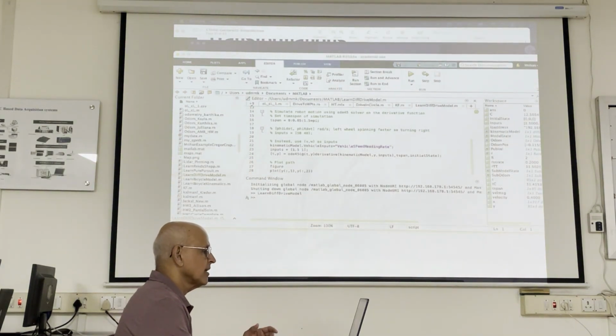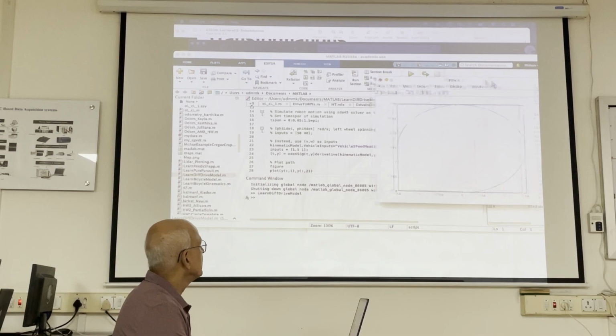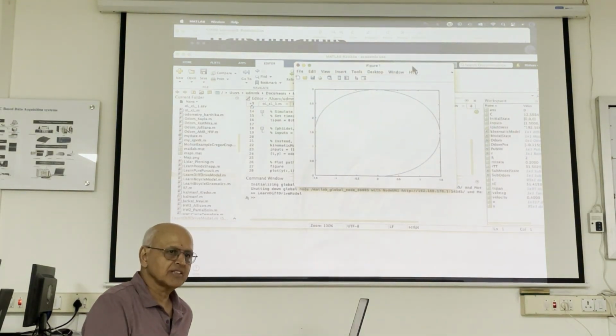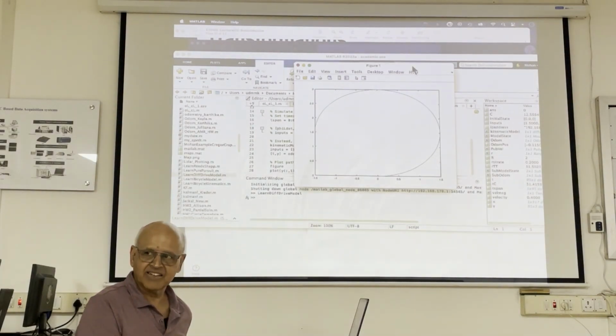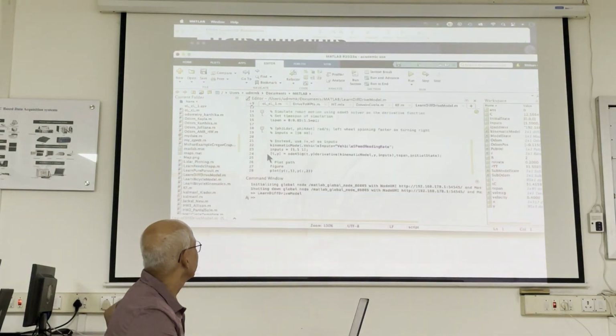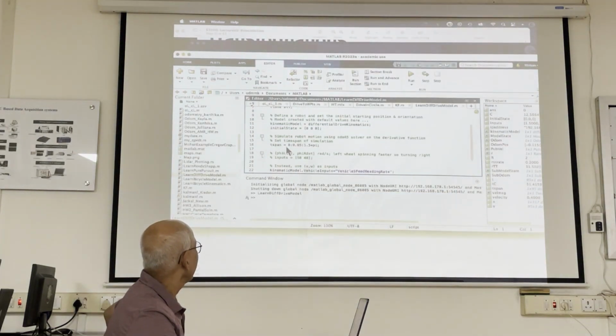And I've got the plot here. Now you can figure out why I'm only getting 3/4 of a circle, do you agree? Let's see. I'm simulating for 1.5 pi.